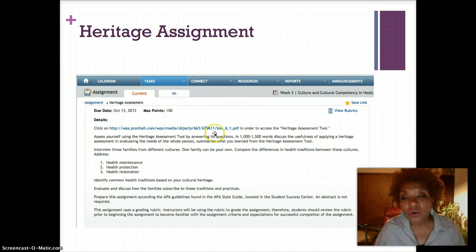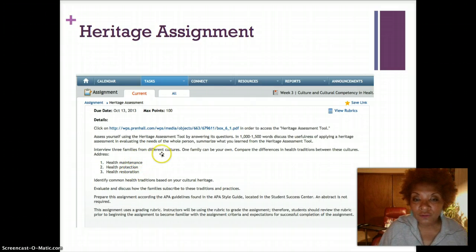So your goal in this assignment is to take the assessment and assess yourself, and then interview 3 other families from different cultures, and compare the differences in the health traditions.